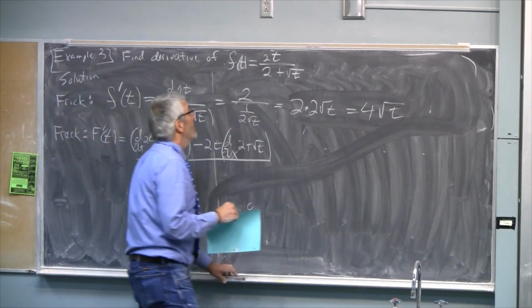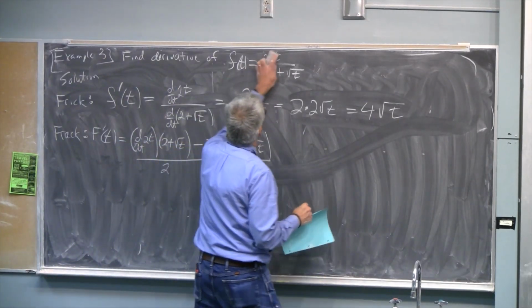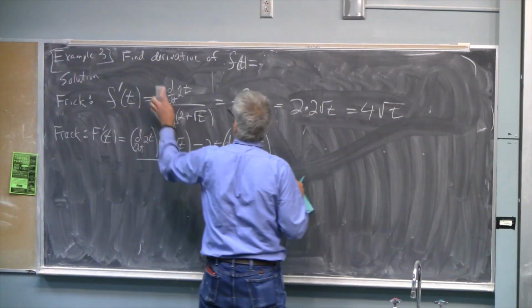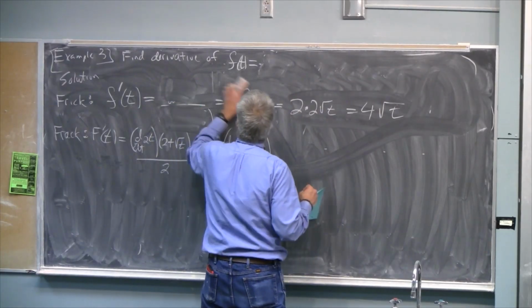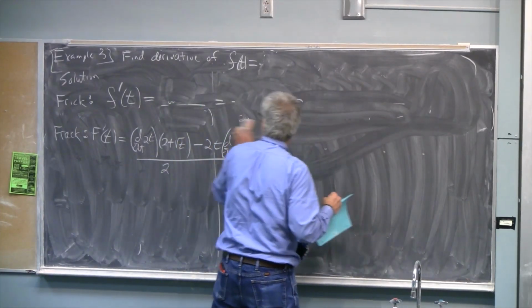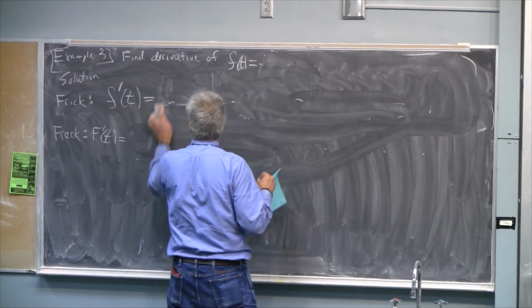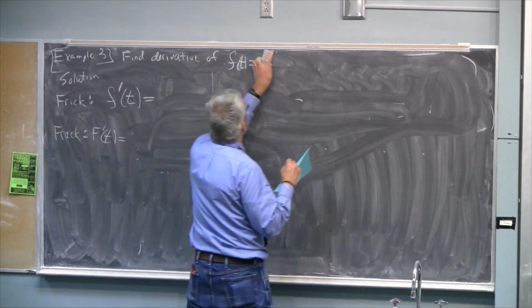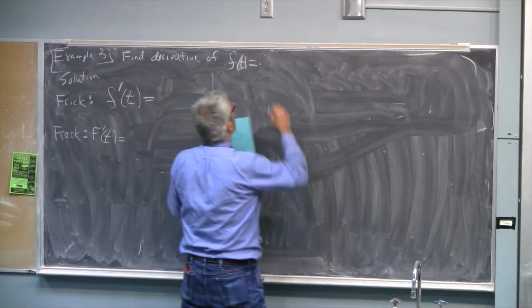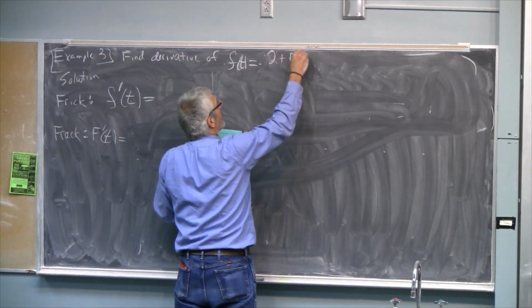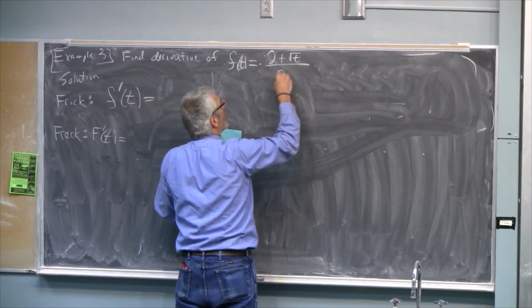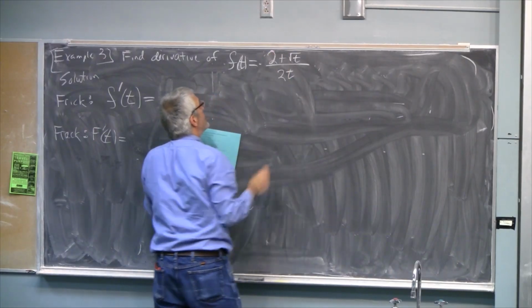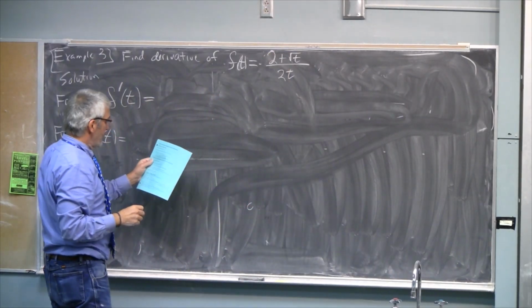Sorry, my bad. I wrote my function upside down. f of t is 2 plus square root of t all over 2t. Sorry about that, very sorry.